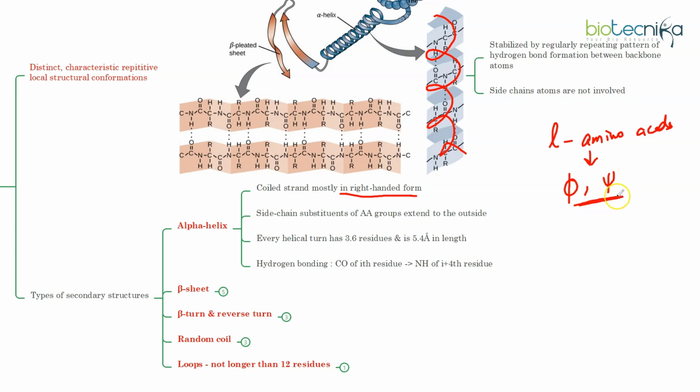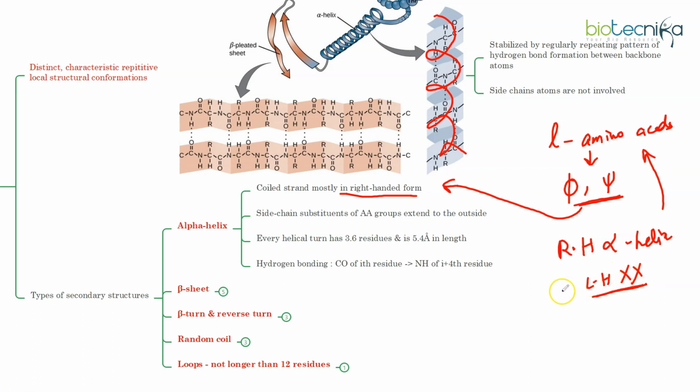These can take only some particular angles, which promotes the formation of a right-handed alpha helix. So remember, the right-handed alpha helix is what you will mostly see in proteins composed of L amino acids. The left-handed form is not preferred, unless there are additional bonds to stabilize it; otherwise right-handed is most preferred.